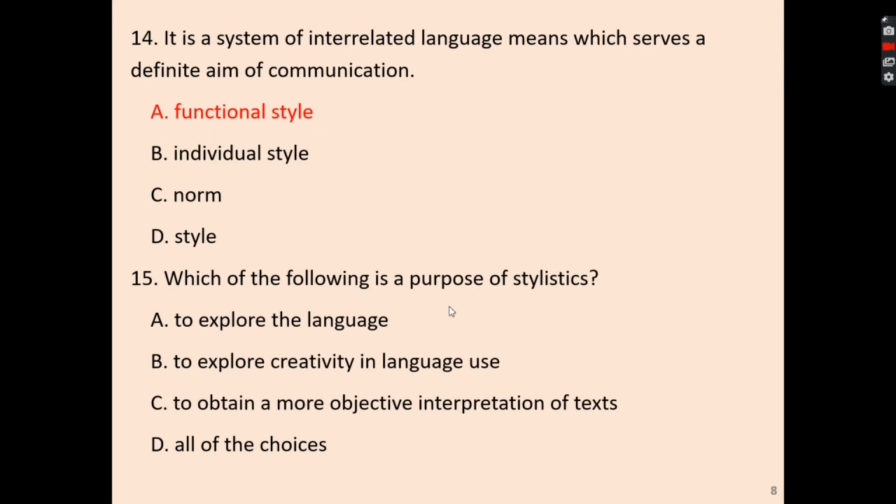So which of the following is a purpose of stylistics? To explore the language, to explore creativity in language use, to obtain a more objective interpretation of text, all of the choices. The answer to this question is, of course, all of the choices. Okay? We are here to explore the language.